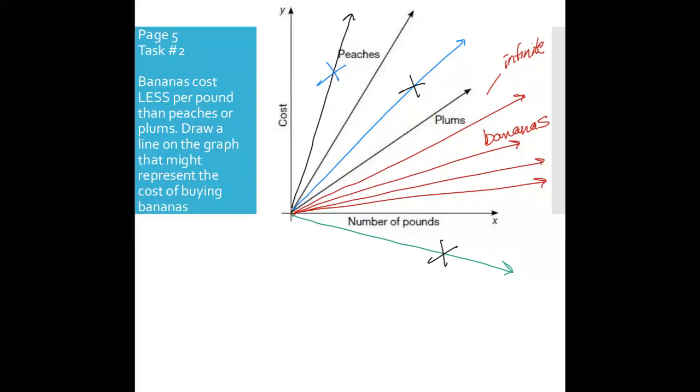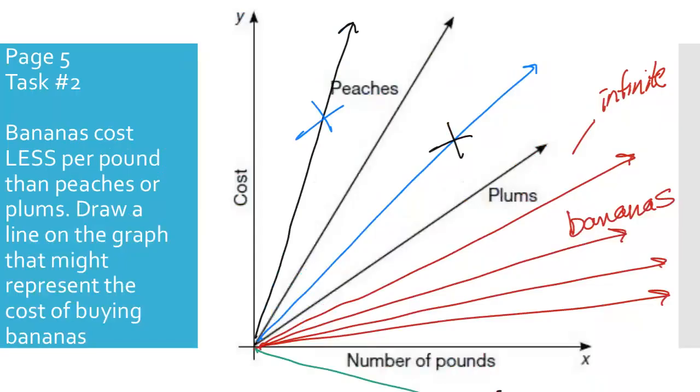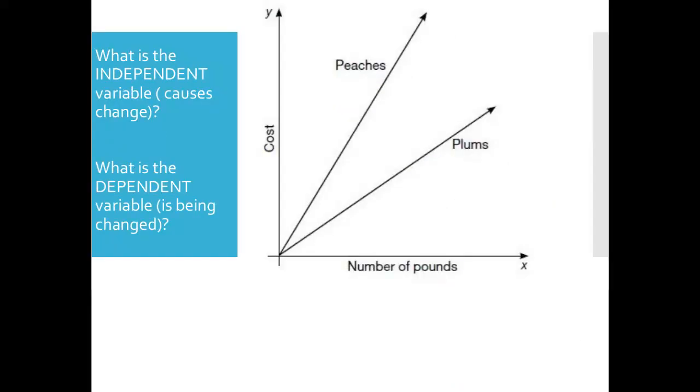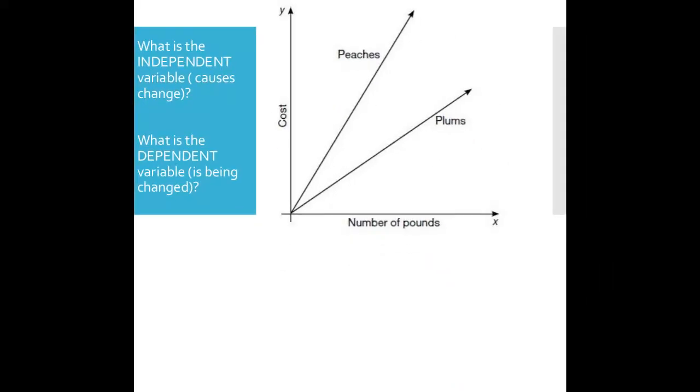Any questions about that? All right, we are moving right along. You guys are doing great. What is the independent variable that causes the change in these prices? What's the independent variable? Means it doesn't care what's happening on the other one. It is what it is. Yes, so the independent variable is always going to be whatever is on your x-axis.